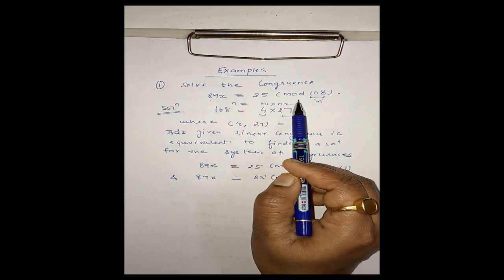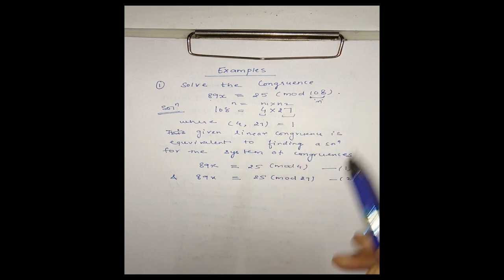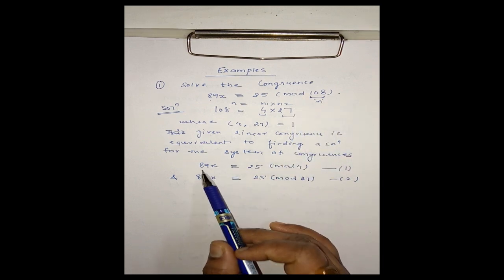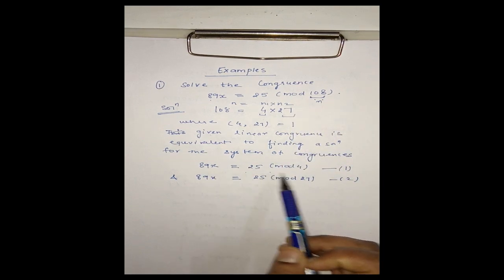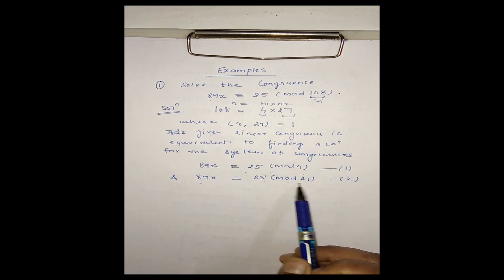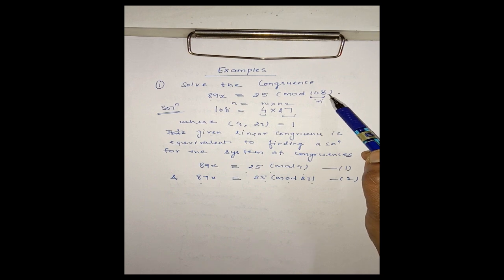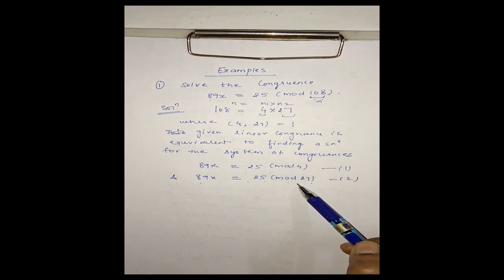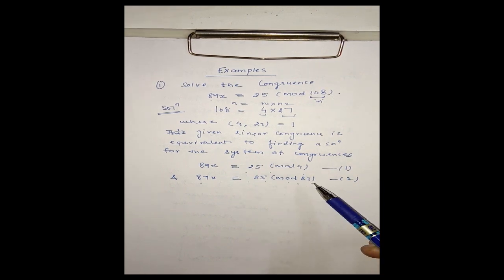Now this given linear congruence is the same as the system of congruences 89x is congruent to 25 modulo 4 and 89x is congruent to 25 modulo 27. The solution of this can be obtained by solving this system of congruences. Now we are going to solve these linear congruences.